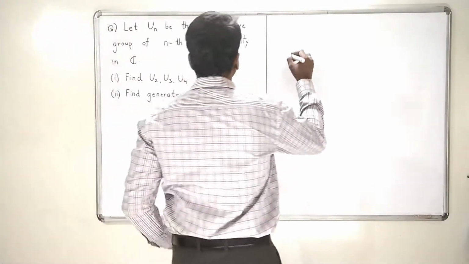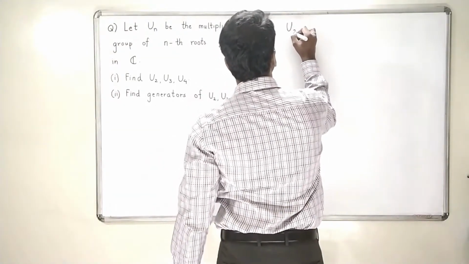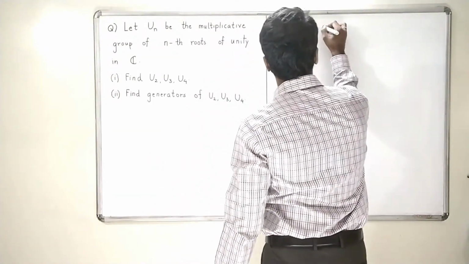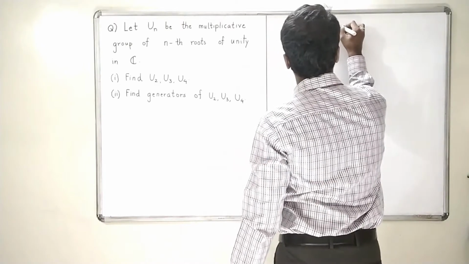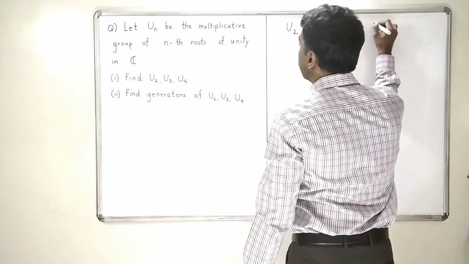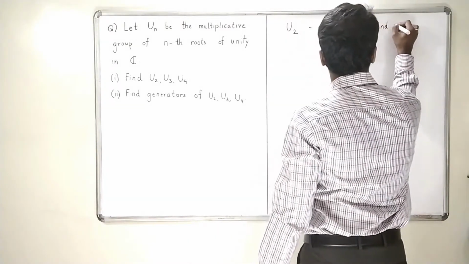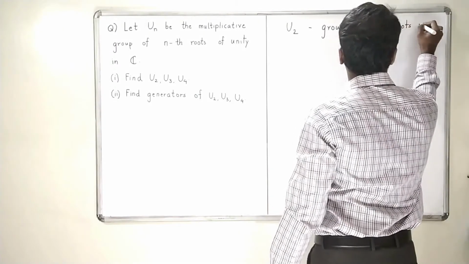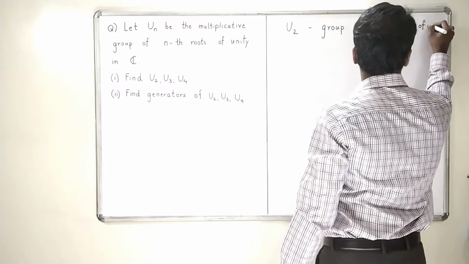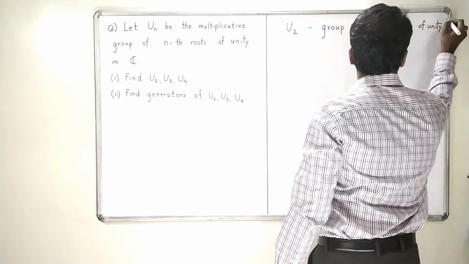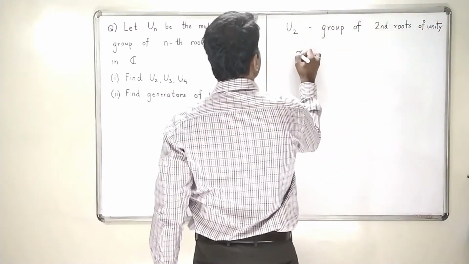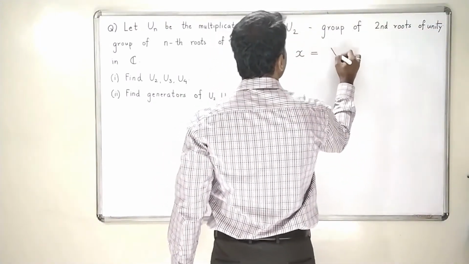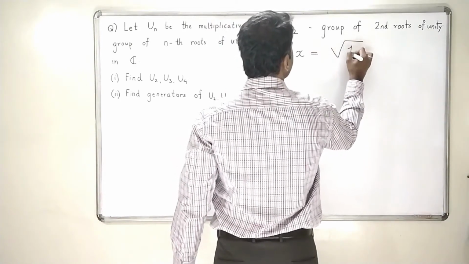So what is U2? U2 is group of second root of unity. Means I have that x is nothing but square root of unity.